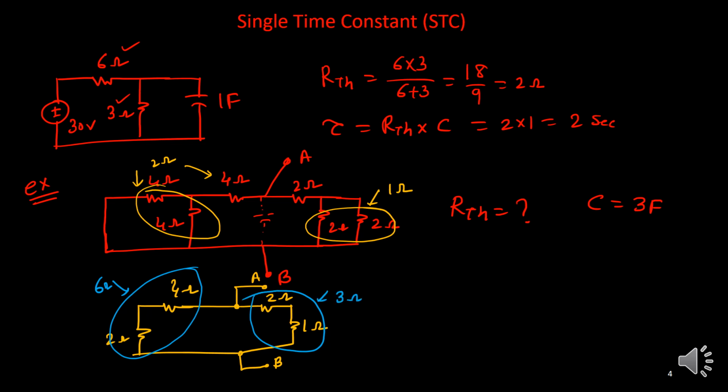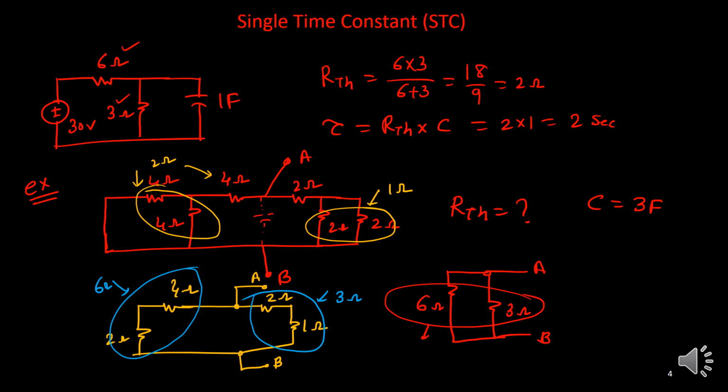Then I will get one equivalent circuit between A and B. This 6 ohm is here and this 3 ohm is here, which means now they are connected in parallel. So what is the combination of these two?